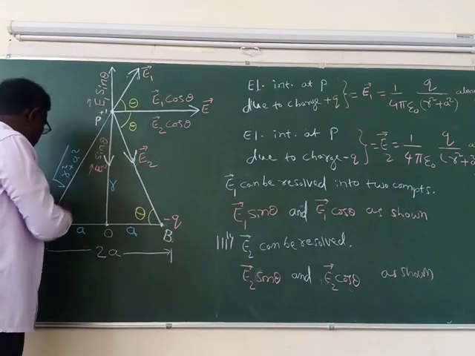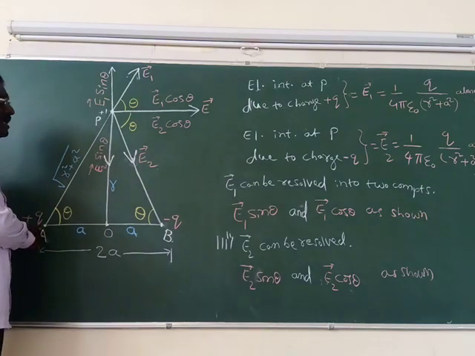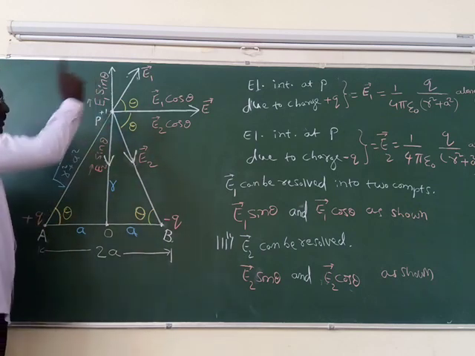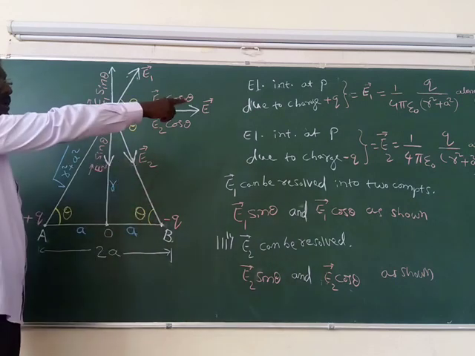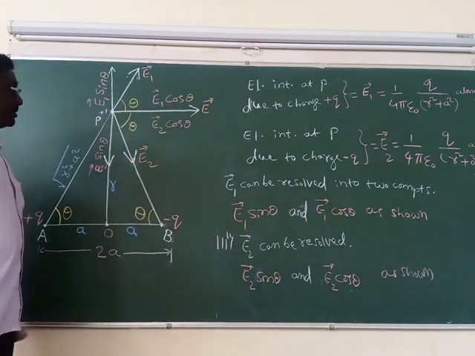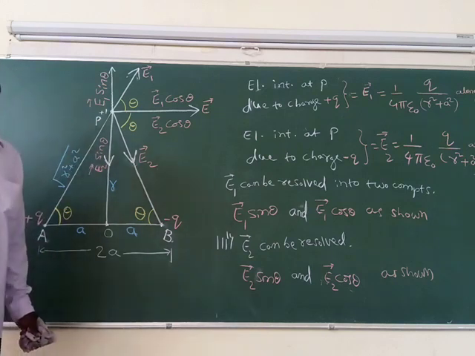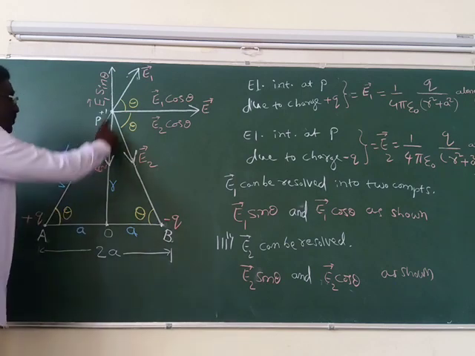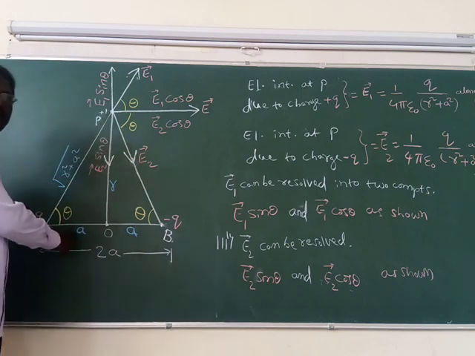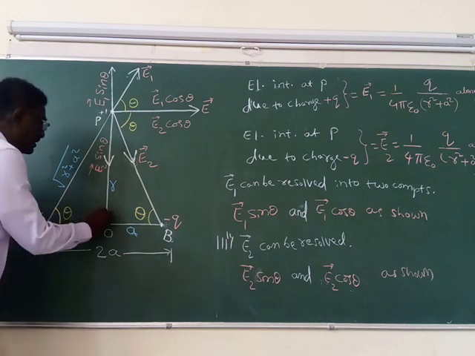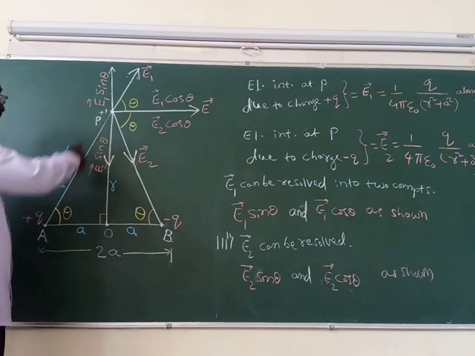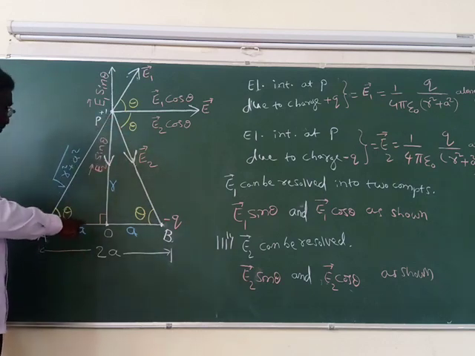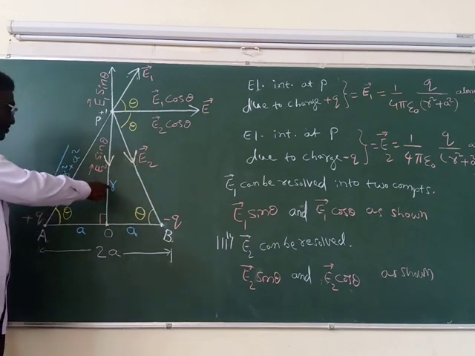The positive charge at A repels unit positive charge at P. The distance AP square is r square plus a square according to Pythagoras theorem. The distance OP is r and distance OA is a, half of dipole length. In this right angle triangle, AP square is equal to perpendicular square plus base square, r square plus a square.